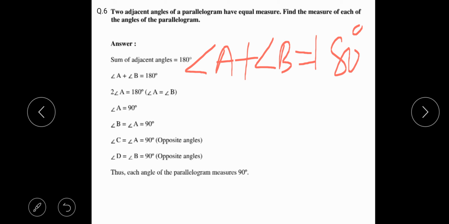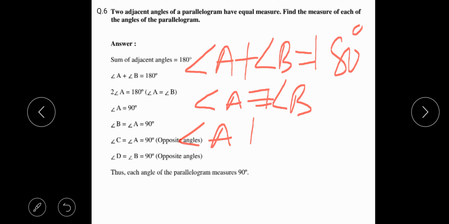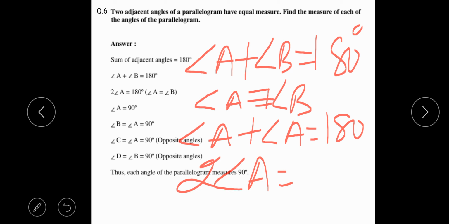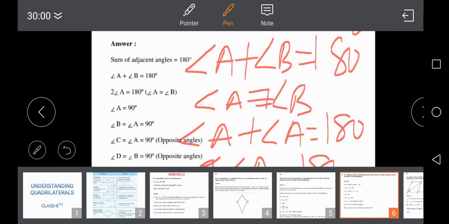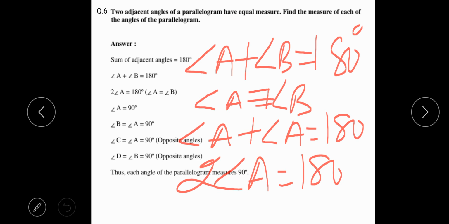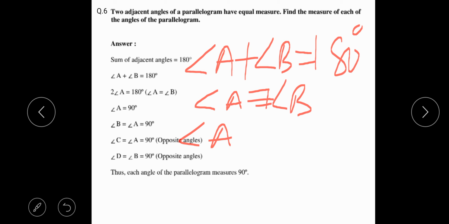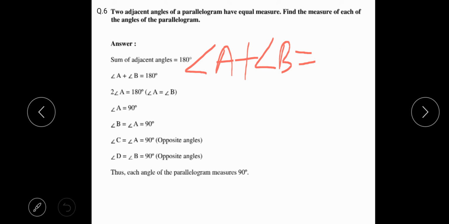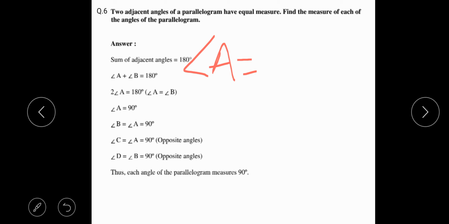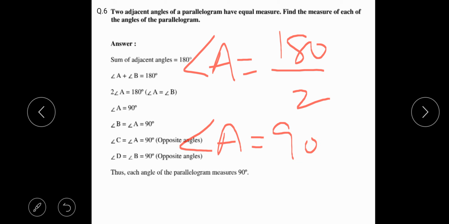But here we have given both are equal, means angle A is equal to angle B, therefore it becomes angle A plus angle A is equal to 180 degree, or 2 times angle A is equal to 180 degree, or angle A is equal to 180 upon 2. So angle A is equal to 90 degree.